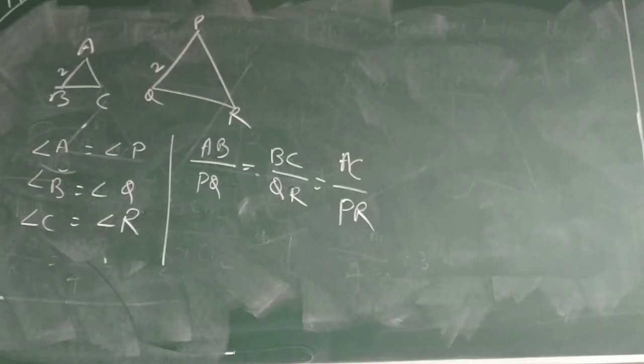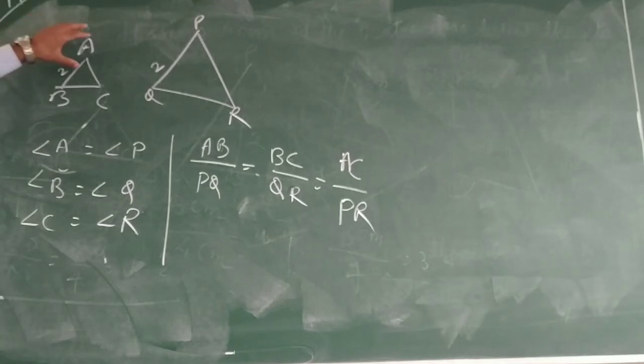So based on this similarity, there are some postulates regarding the similarity of triangles. Let us understand them. The first postulate is that if two triangles are equiangular, here it is saying angle A is equal to angle P, angle B is equal to angle Q, angle C is equal to angle R, then the two triangles are similar.